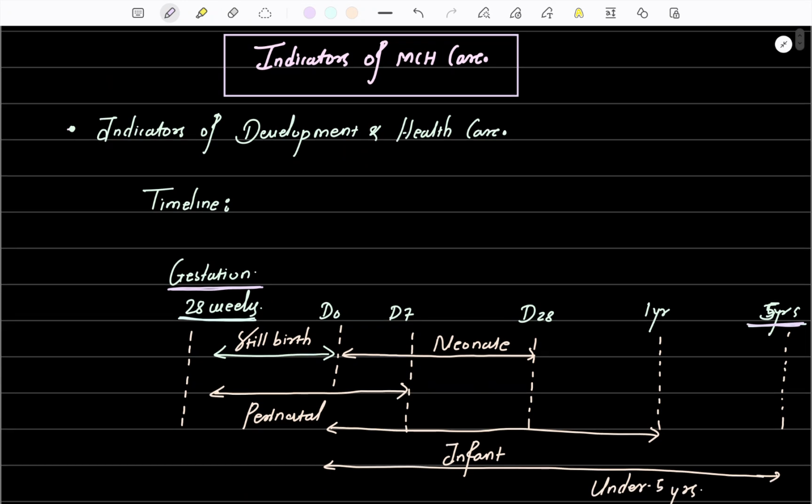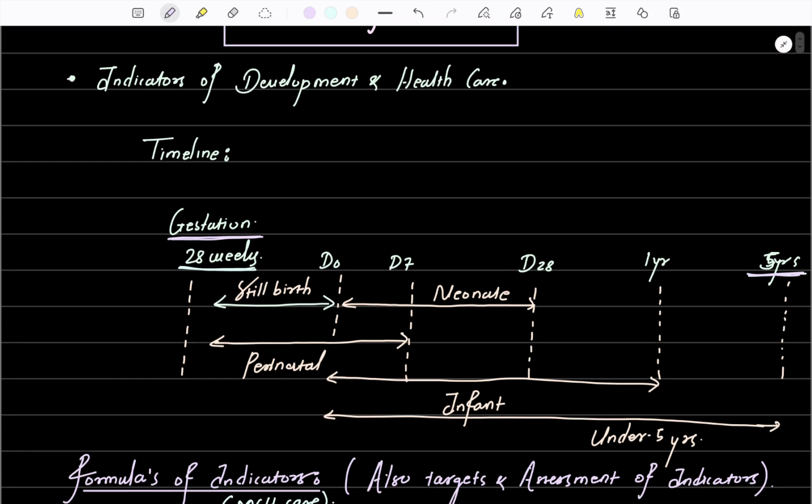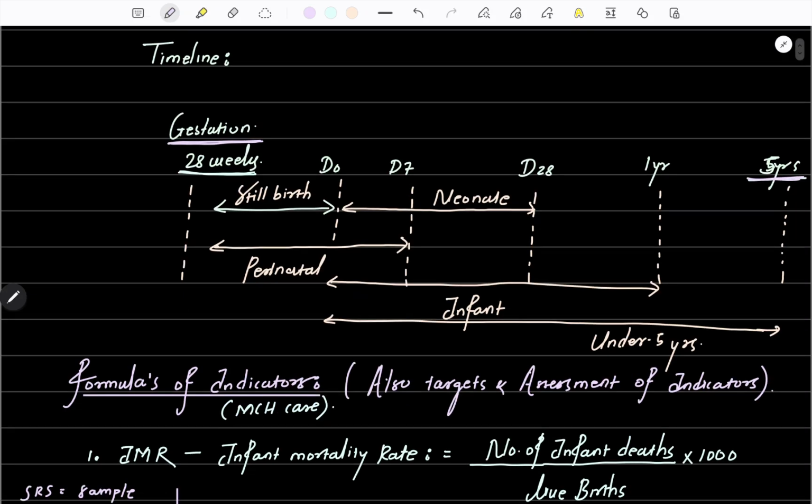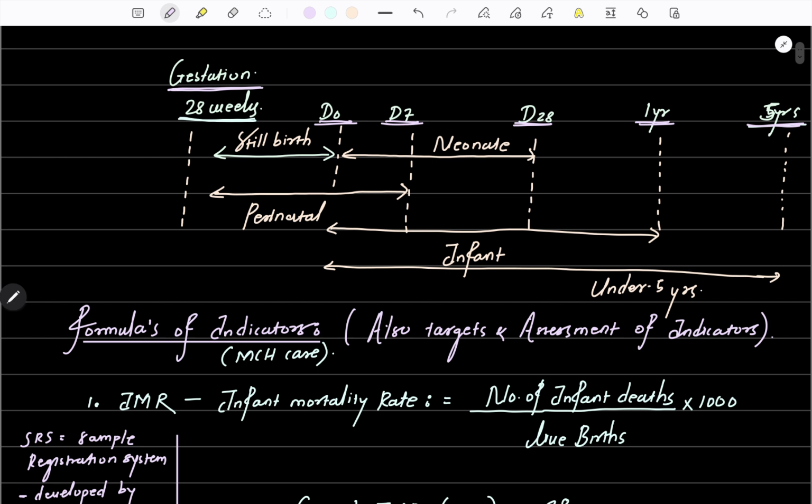First is the indicator of development and healthcare. So timeline: gestation, that is 28-week gestation, is the period from conception to delivery. So 28 weeks, then day 0, then day 7, day 28, 1 year and 5 years.